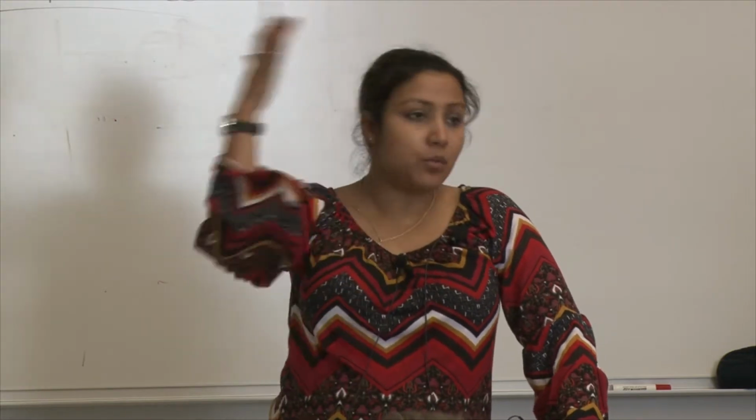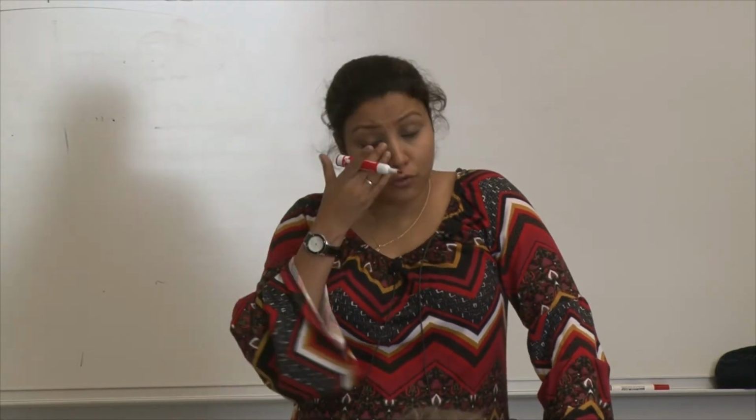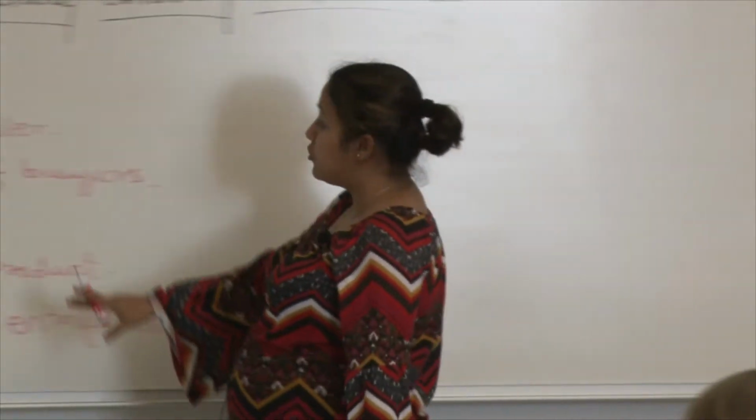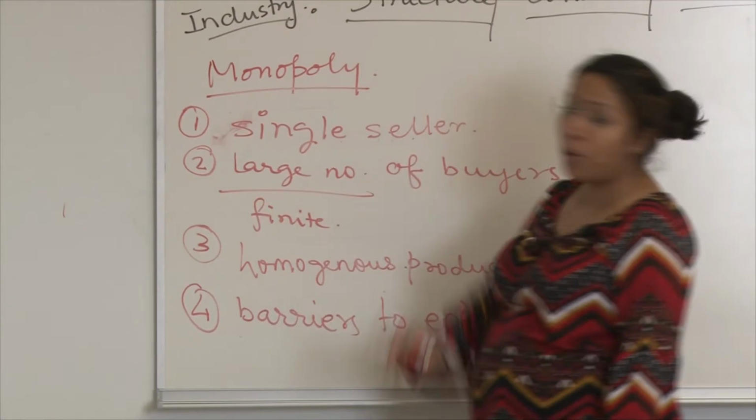You may have smaller railway transit in cities, but USA-wide, it's Amtrak. In many other countries, you have monopoly. For example, till some time in the search engine market, Google was a monopoly. Now you have other search engines like Bing which are giving competition. Also in the operating systems market, there was a monopoly for some time, right? So you do have monopolists in the real world, and that is the feature of a monopoly.